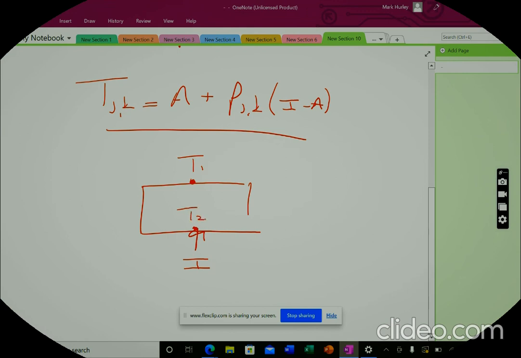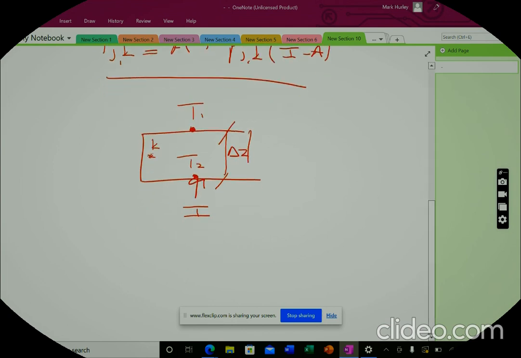So we'll call this temperature 1 and temperature 2 at the base, and the distance between them change in Z. Another property of the material is thermal conductivity. K is how conductive the material is. If it's more conductive, the heat flux is going to be higher. Likewise, the temperature gradient, or the difference between the lower and the higher temperature, represents the potential for heat flow.